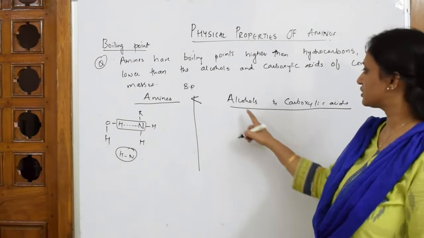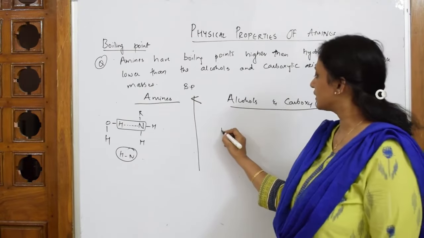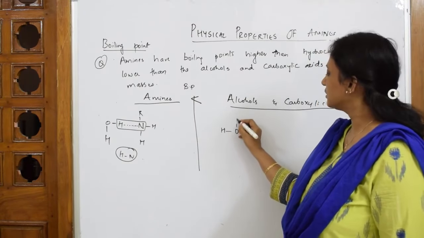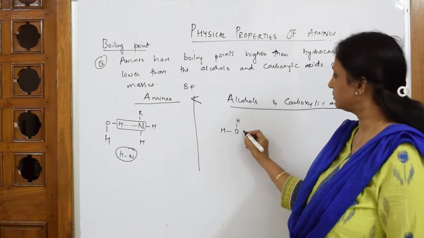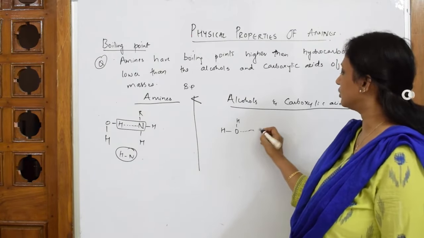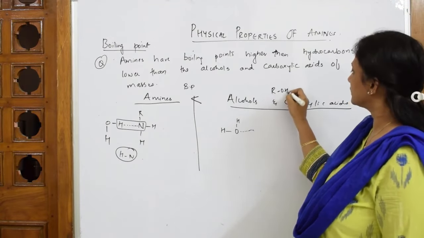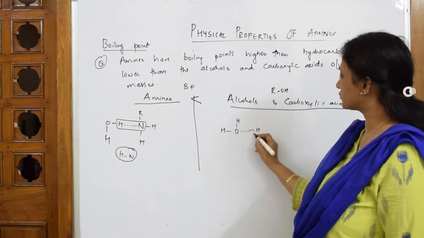Here, when I have to see in case of alcohols or carboxylic acids, let us see alcohols. Oxygen, hydrogen. This is going to form hydrogen bonding between alcohol groups, ROH. H faces oxygen.